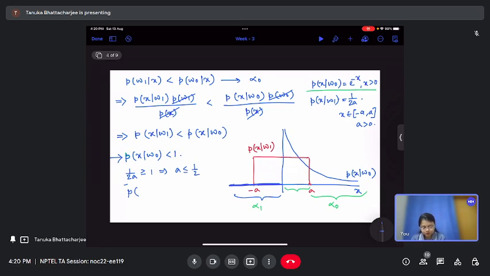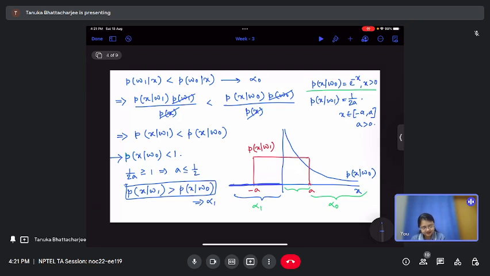So your probability of x given omega 1 is always greater than your probability of x given omega 0. Okay. So you will always take the decision as alpha 1. Now this is for the region from 0 to a. So if a is less than or equal to half, this condition will always hold, and you will take the action as alpha 1.